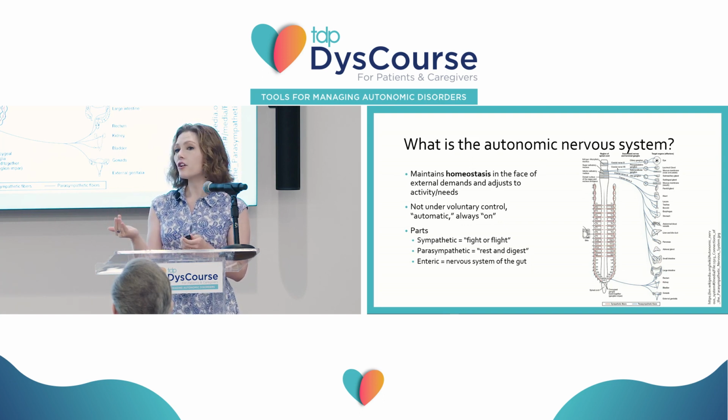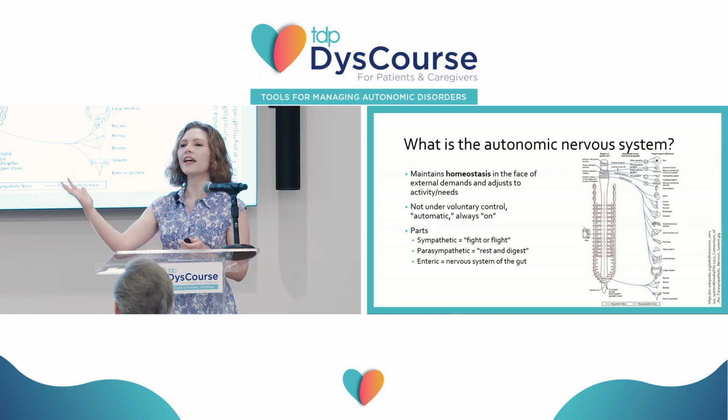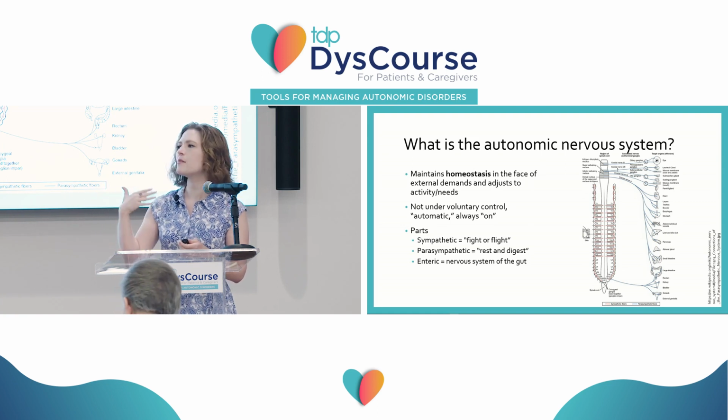And the autonomic nervous system is what is responsible for keeping all of this constant in the face of external stressors, changes in temperature, changes in your activity level in the body. So it's keeping everything inside working.